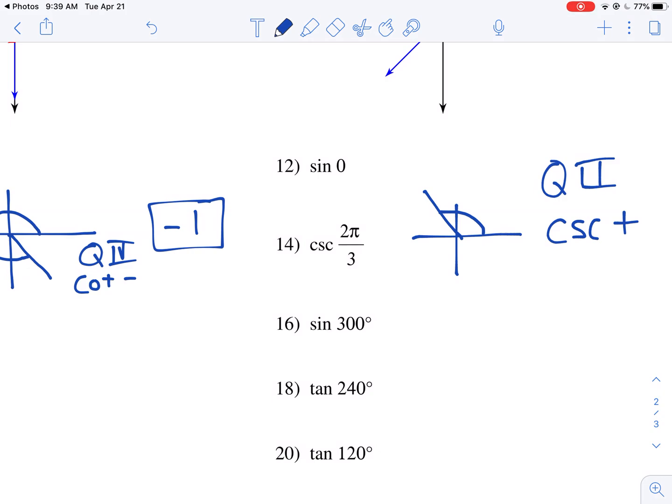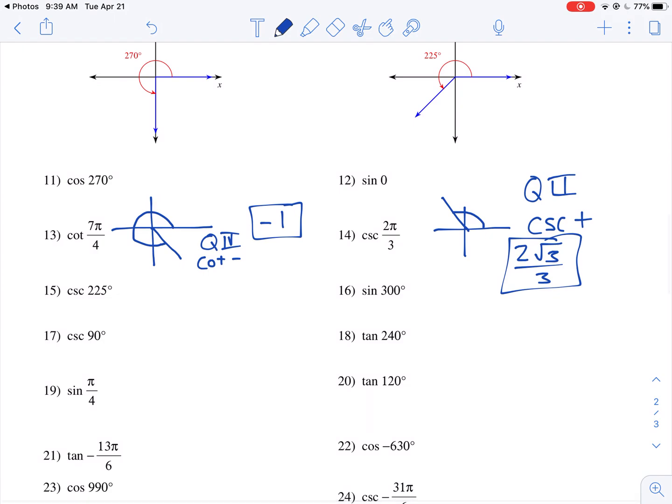This is obviously a pi over 3 angle since it's 2 pi over 3. For my pi over 3 angles, the cosecant magnitude is 2 root 3 over 3. This is a positive value, so my answer is just 2 root 3 over 3. And that's how I'm going to go about doing a lot of these: I'm going to draw out the angle and see where it terminates.